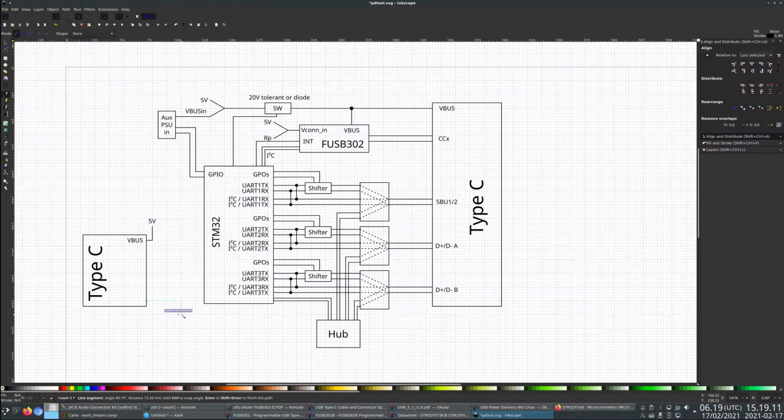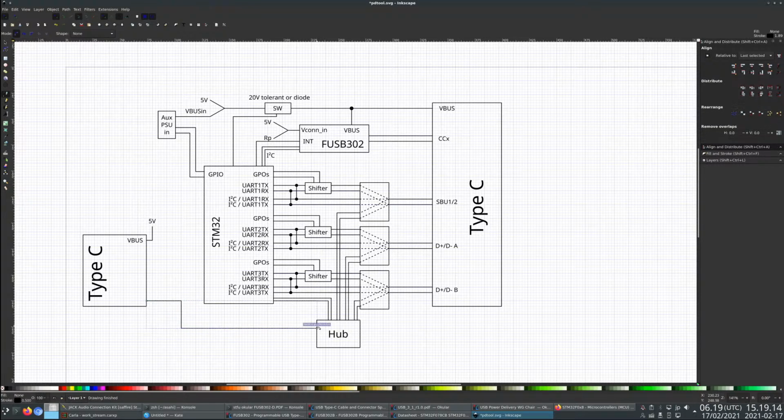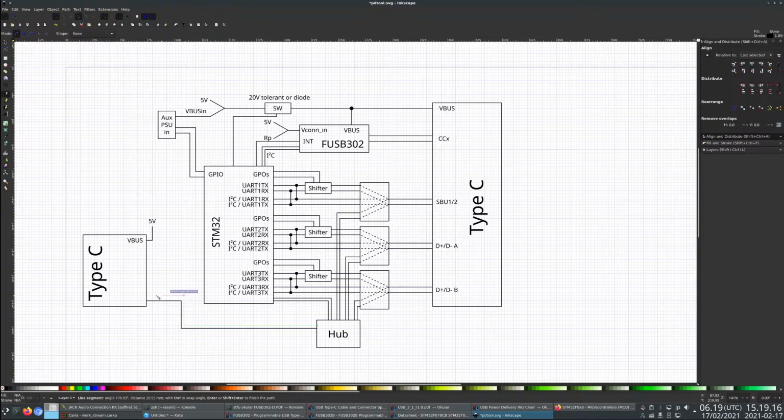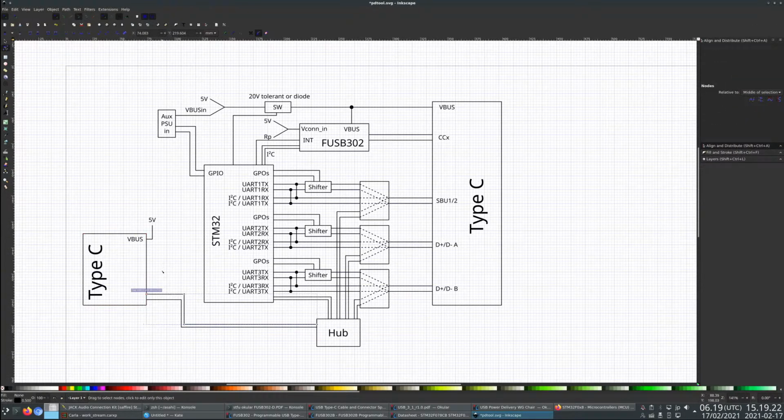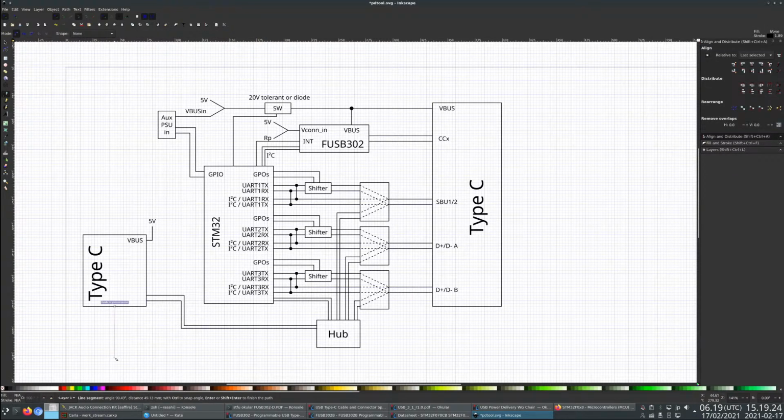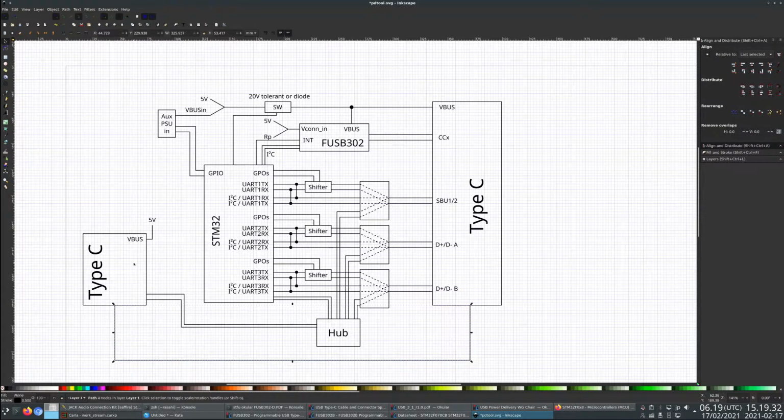Something like that. And then the SS lines get passed through. I'm going to be lazy and just say everything is on those because I don't want to draw 4 lines for no reason. So those are all just passed through, and we can make that a little bit thicker to show that.